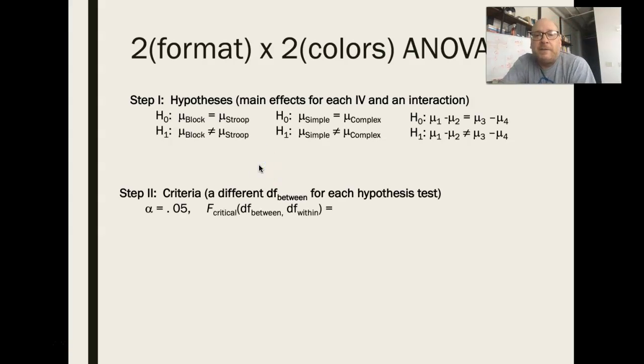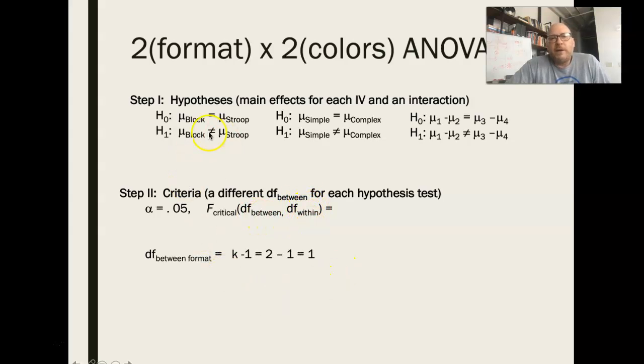Okay, since we have 3 different hypothesis tests, we have to come up with a critical value for each one. In this particular case, it's going to be the same value every time, but that's not always the case. That's only true for a 2x2 ANOVA. So let me show you how we'll do this. Critical value of F is determined by the degrees of freedom between your groups and within groups.